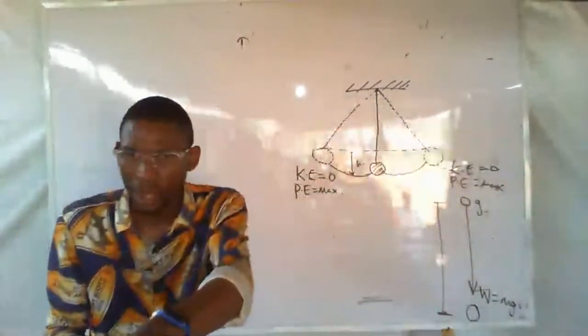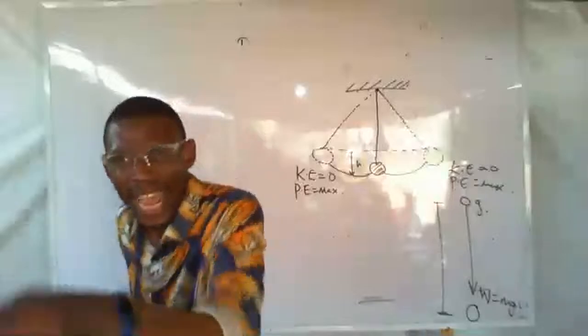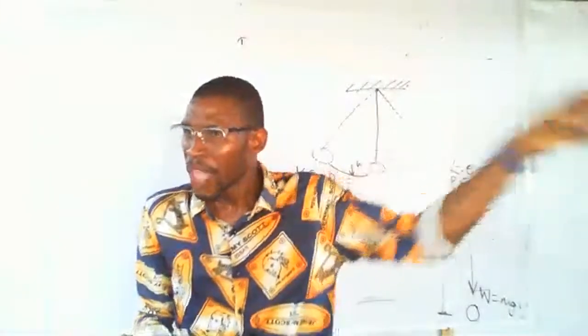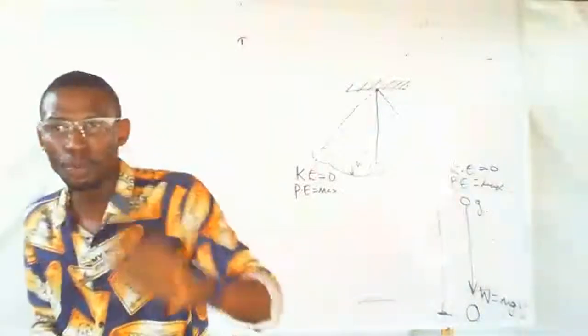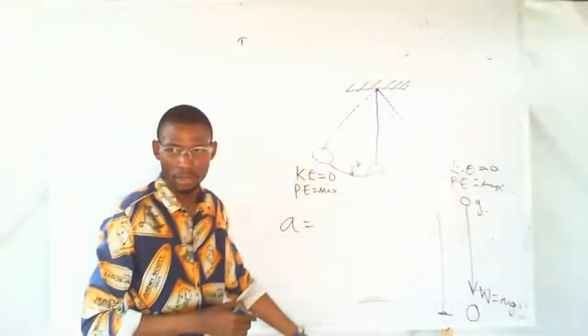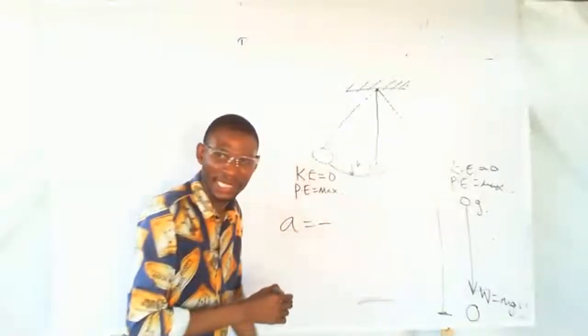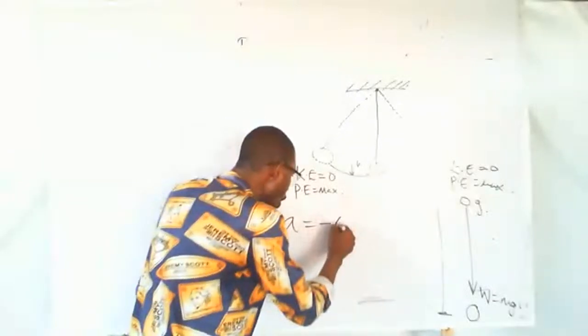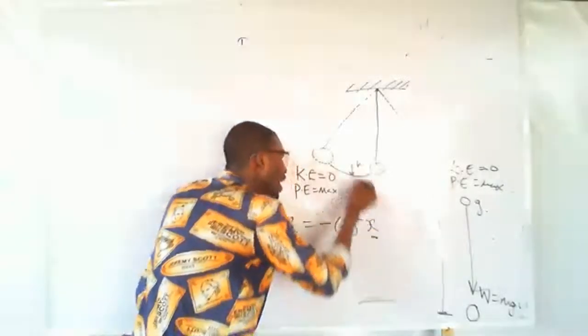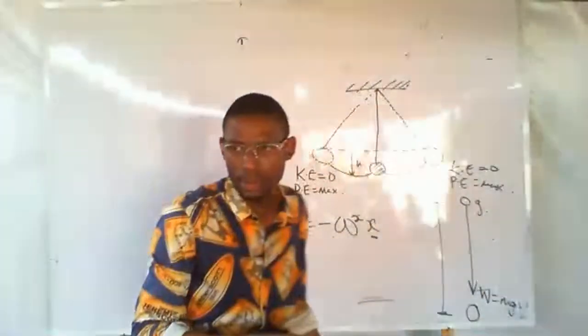But listen, as the object tends to return back, the acceleration happens to be like this. When it is returning back to the center, it decelerates. And therefore, we are going to have this multiplied by this, where this is the path which it has covered.